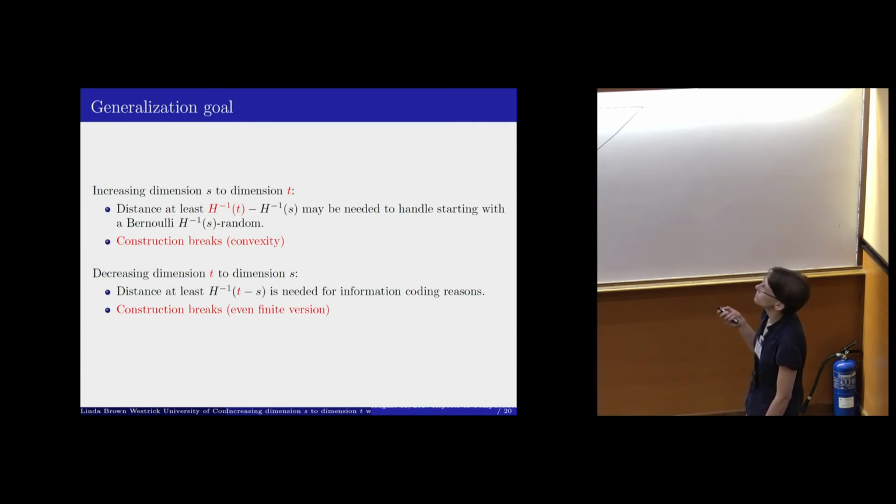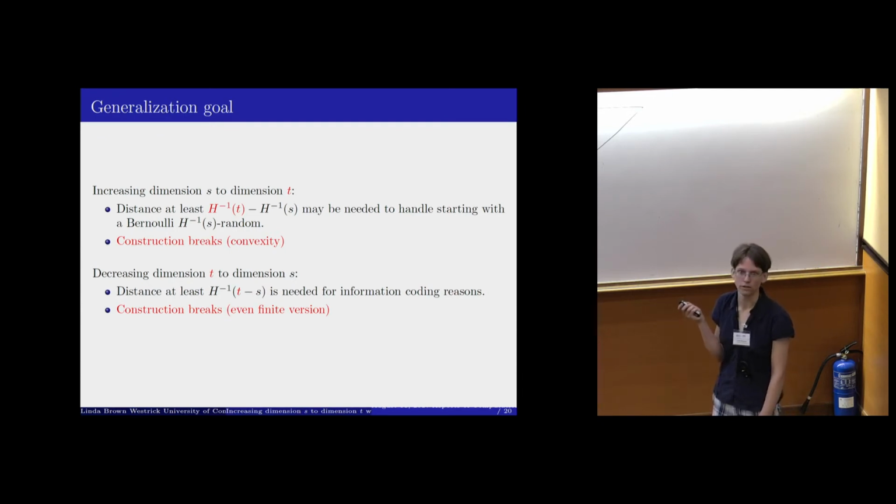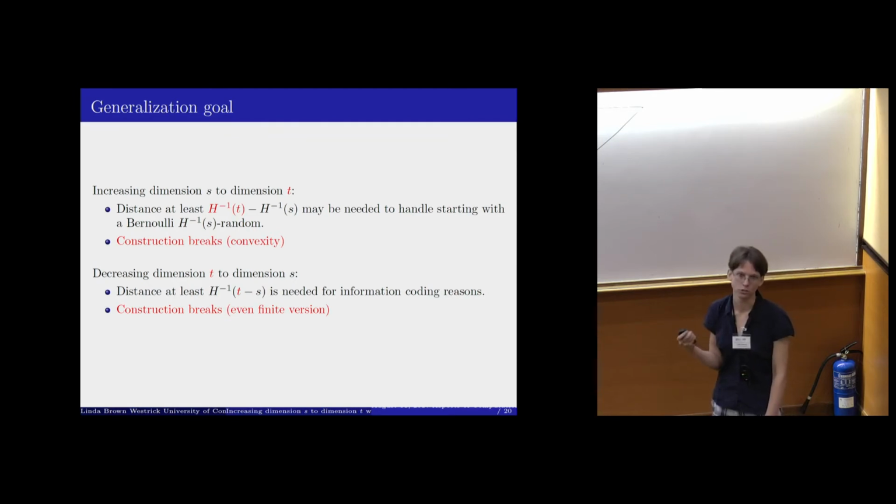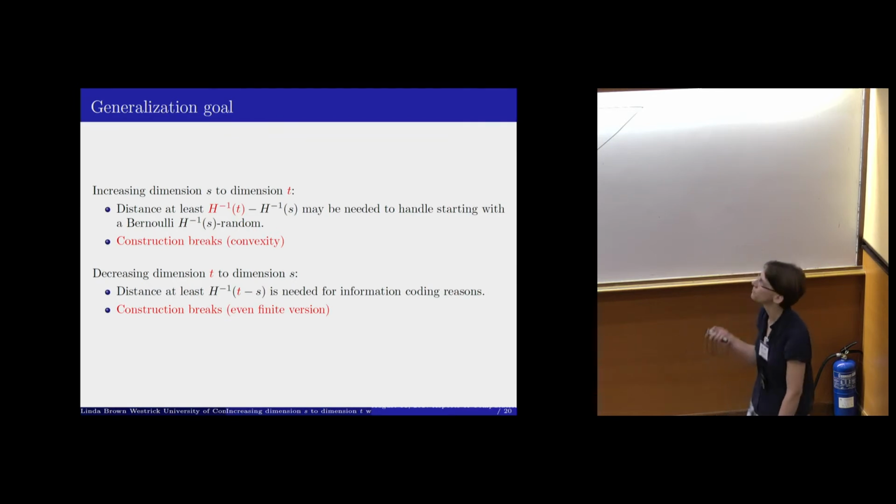Decreasing from dimension t to dimension s is going to break even worse. I'm not going to talk much more about this case in this talk because it breaks so badly, even for finite strings. The reason has to do with a possibility for redundant coding of information in a finite string that has effective dimension less than 1.